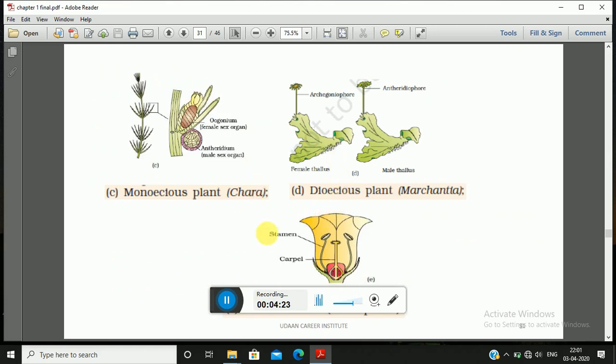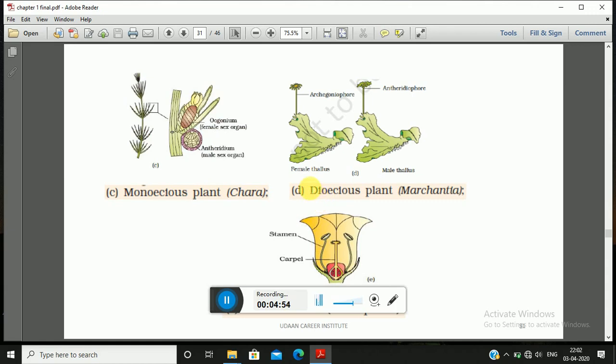Here are a few examples of a monoecious plant, a dioecious plant and a bisexual flower. The first example is a monoecious plant, Chara, where you can see the presence of oogonium as well as antheridium on the same plant. That is, the same plant contains the female sex organ oogonium and the male sex organ antheridium.